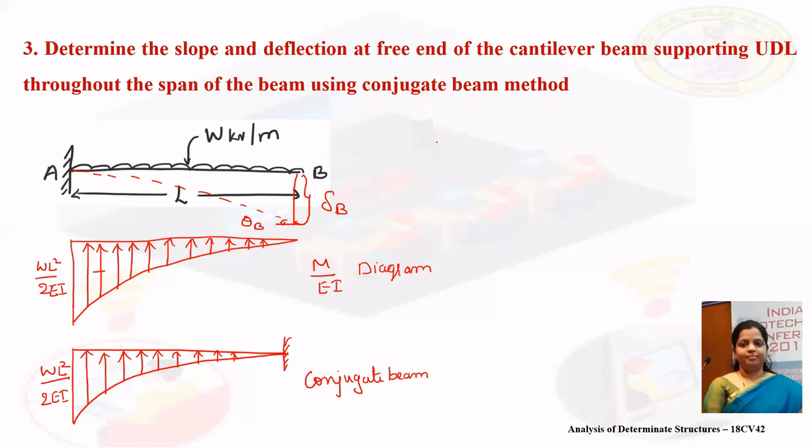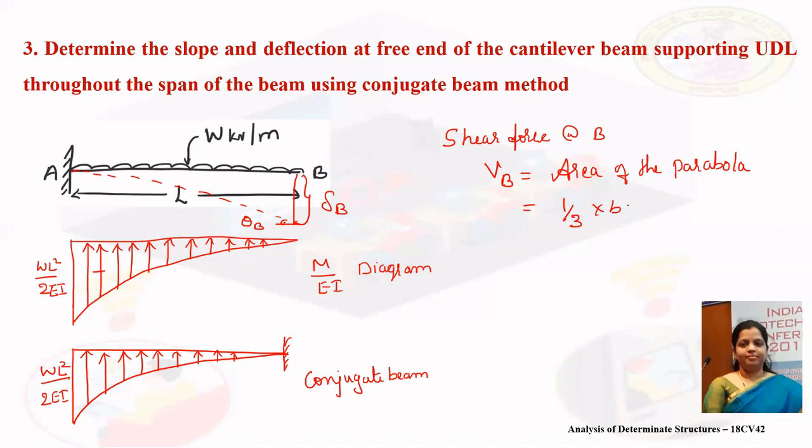What do you mean by slope? In a conjugate beam, slope is defined as the shear force. Therefore, the shear force at B, VB, is given by the area of the parabola. The area of the parabola is 1/3 times base into height.